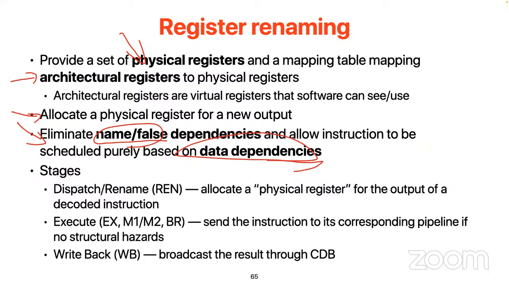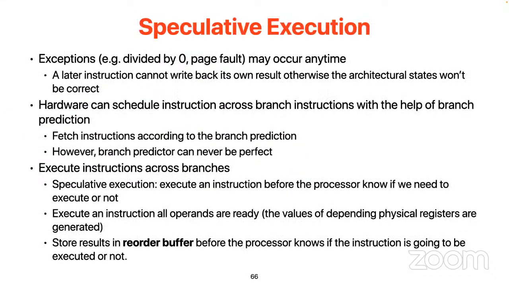However, if we want to keep the pipeline filled, we definitely want to be able to schedule instructions across the branch. And the branch prediction could be highly accurate, but we cannot make the branch predictions perfect. So we need to preserve the capability of flushing instructions. That's why modern processors also have a reorder buffer to help us with that.